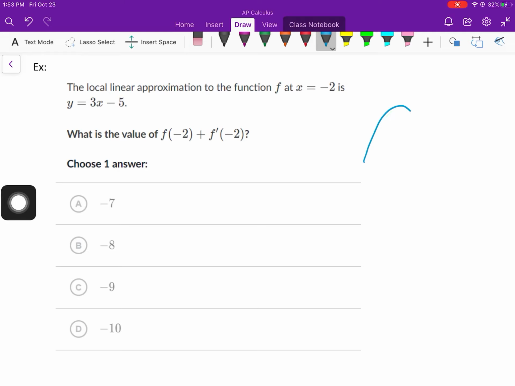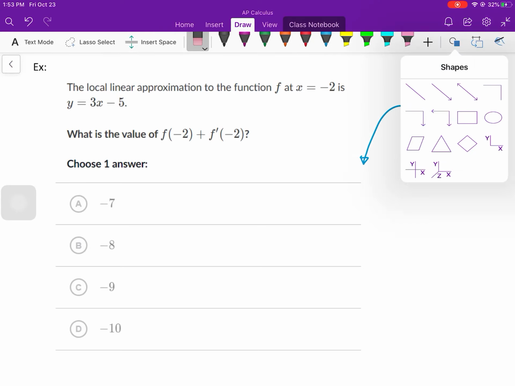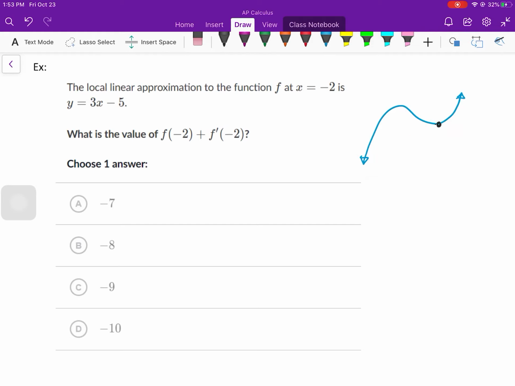So if you remember, if you have some function, let's just say this is where x is negative 2. The tangent line there has the same slope as the graph there. So the slope of the tangent line is the same as the derivative of the graph at that point.